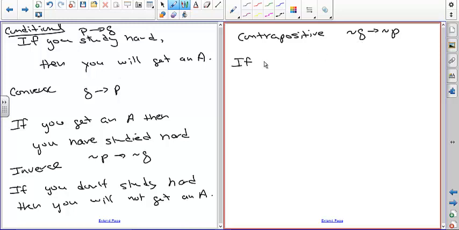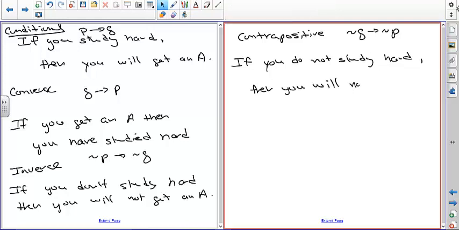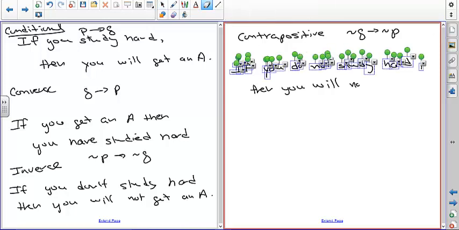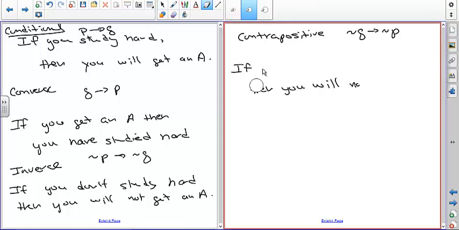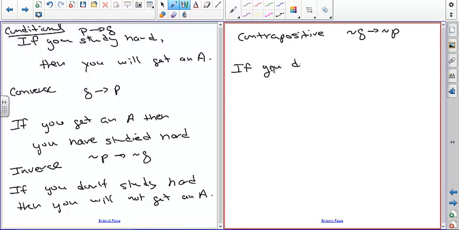So if you do not study hard, then you will, no, that's the wrong way around. I've got to switch it here. Let's go back. Sorry, I was starting to read that and I said, that doesn't make sense. Okay. If you do not get an A, then you didn't study hard.